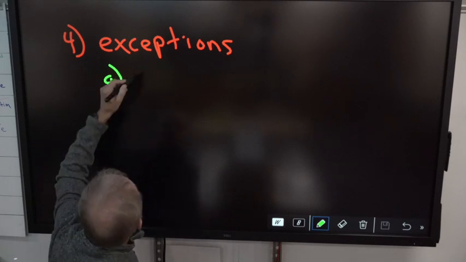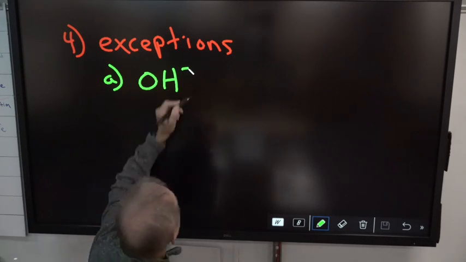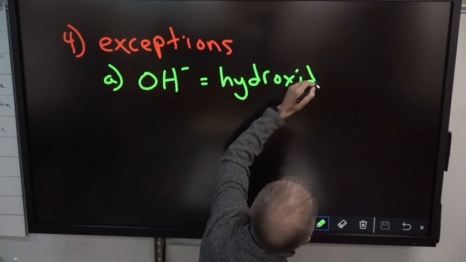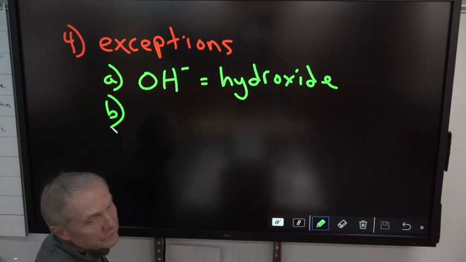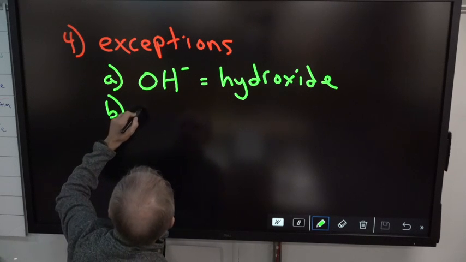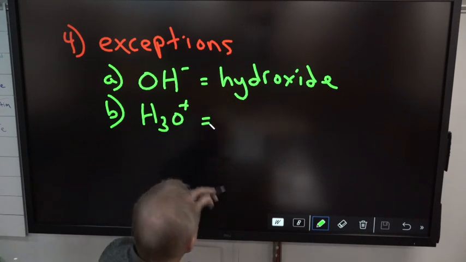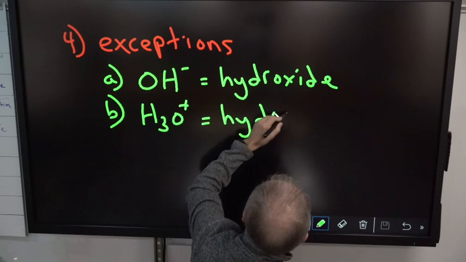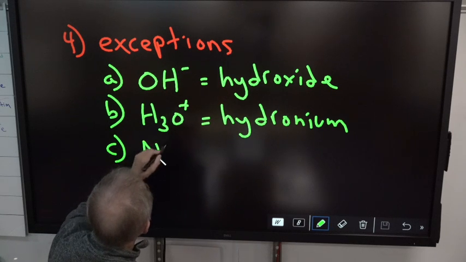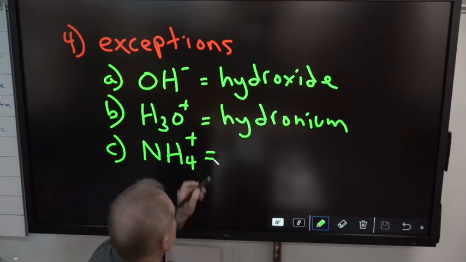Letter A, OH minus. We use that a lot. That's hydroxide. Another one is H3O plus, and that's hydronium. NH4 plus, that's ammonium.